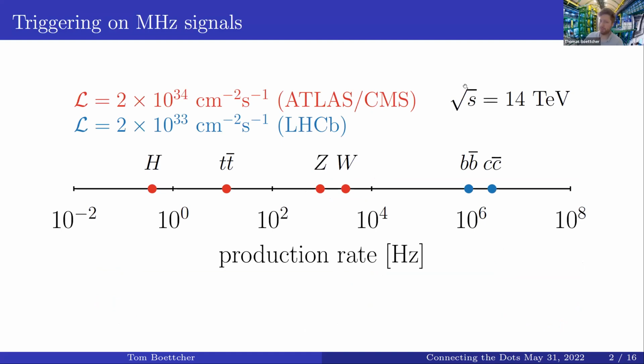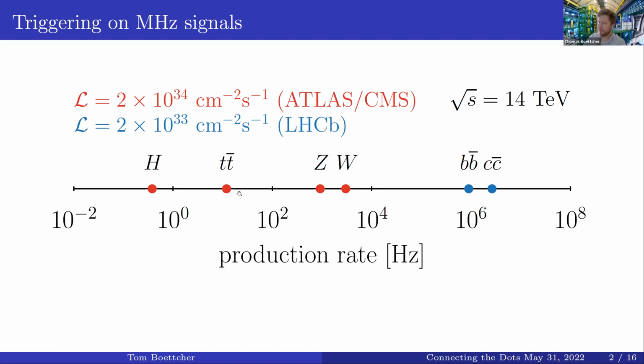So the first thing you want to do when you're designing a trigger is think of the kinds of signals you need to trigger on. If you're at ATLAS and CMS, the kinds of things you might be interested in are things like Higgs production or top production or electroweak bosons. These processes will occur in Run 3 at ATLAS and CMS at a rate of about once every 10 seconds or so for a Higgs boson, up to a few kilohertz for electroweak boson production.